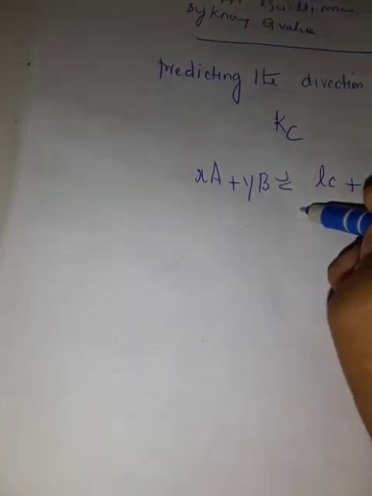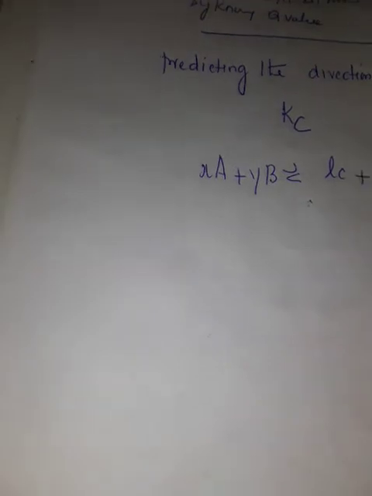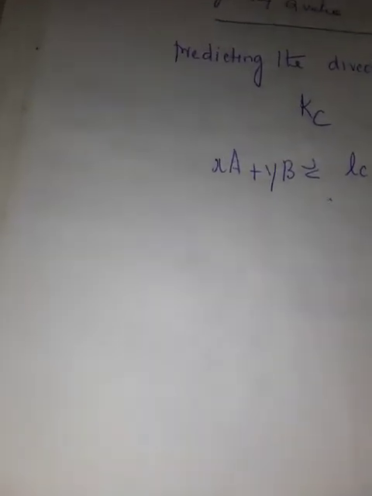For the above reaction, if it is under non-equilibrium condition, not in equilibrium condition, where equilibrium means the rates of forward and reverse reactions are equal, here I am saying non-equilibrium condition, reaction quotient Q. How is it defined?